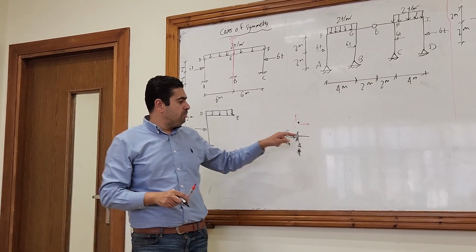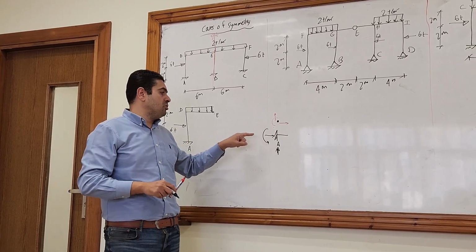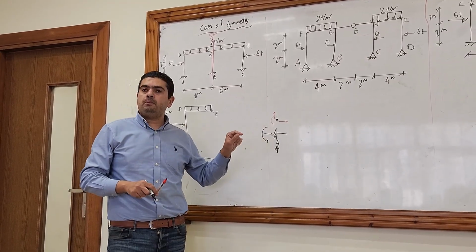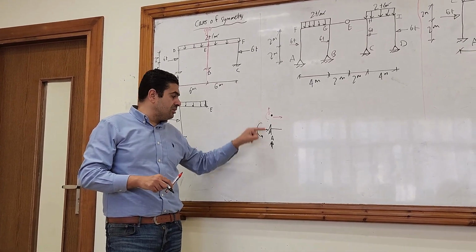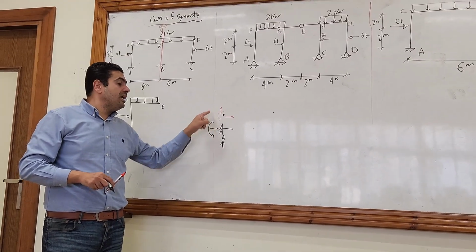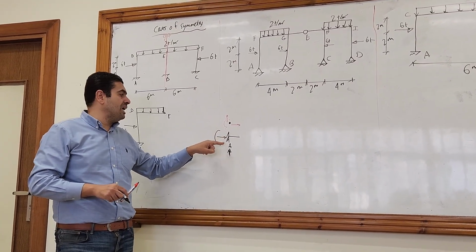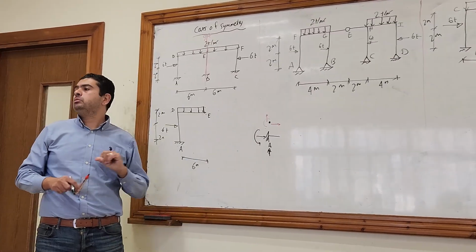The horizontal displacement at A equals 0 because there is a horizontal reaction. The vertical displacement at A equals 0 because there is a vertical reaction. And the rotation at A equals 0 because there is a moment reaction.